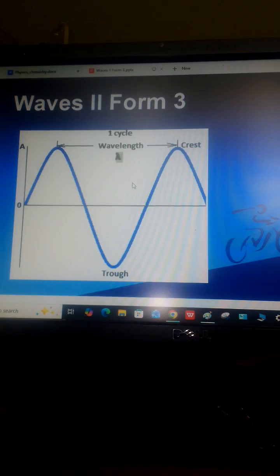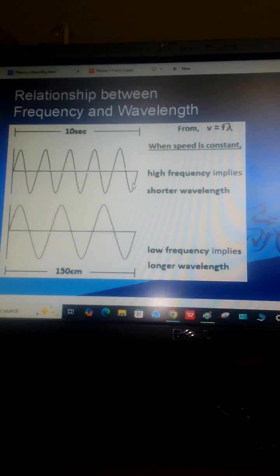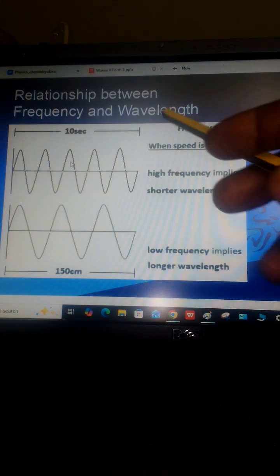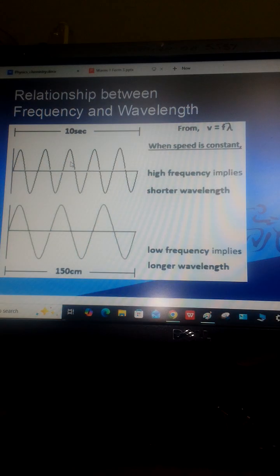So let's look at something else which is the reflection of waves. Before that, let's look at the relationship between frequency and wavelength. In this diagram, we have two forms of waves, this one and this one.